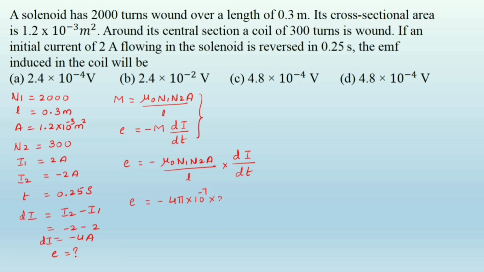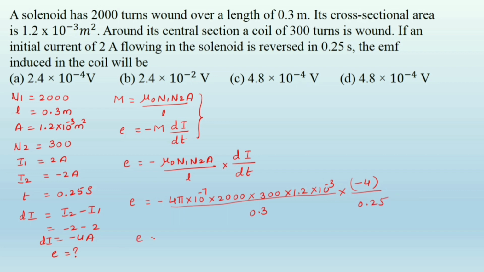Number of turns in the first coil is 2000, and similarly for the second coil is 300, into area of cross section is 1.2 into 10 raised to minus 3, divided by length is given 0.3 meter, into di by dt, the change in current we got minus 4 ampere, with respect to time 0.25.